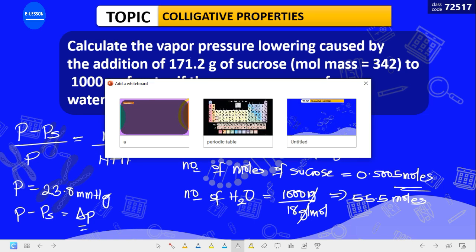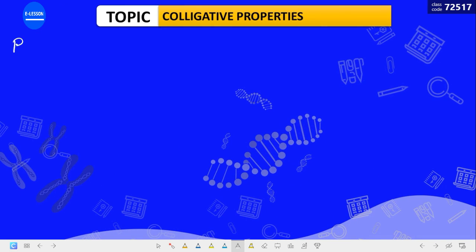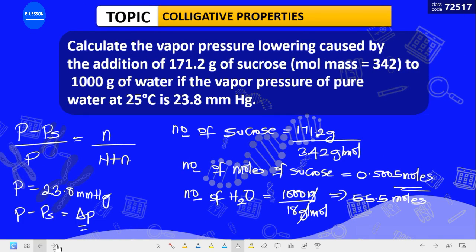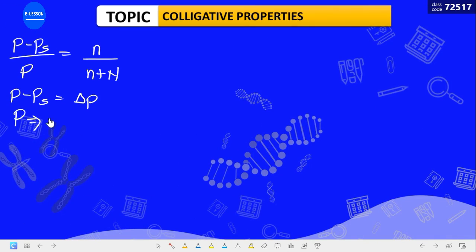Now, writing out our parameters again, we said P minus PS all over P is equal to n all over N plus n. Now, P minus PS, I said, is the vapor pressure lowering, which we can represent with change in P. Now, what is P? Is the vapor pressure of the pure solvent, which is 23.8 millimeter mercury, because the pure solvent before sucrose was introduced is water. Hence, you use the vapor pressure of pure water.